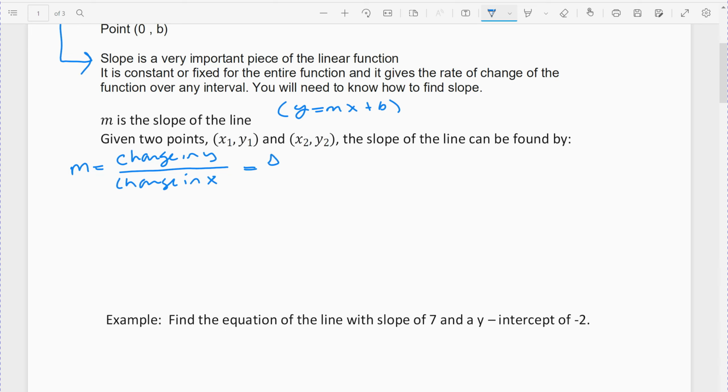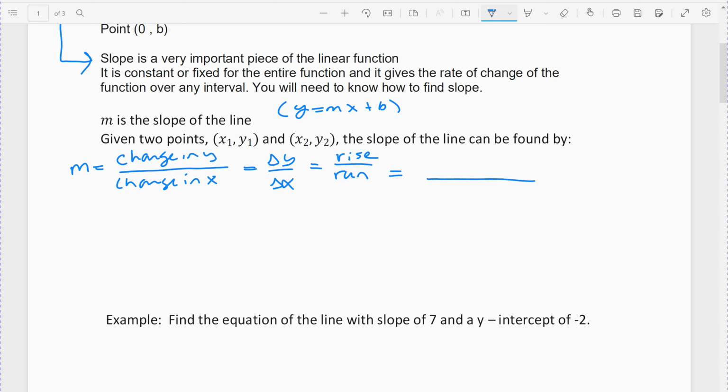Sometimes it's written delta y over delta x. Delta is a mathematical term for change. In simple terms, you usually first learn it as rise over run. Rise means how much my function's moving up as x values change. The run would be the change in x values as they increase. Or if it's negative, it's moving down.